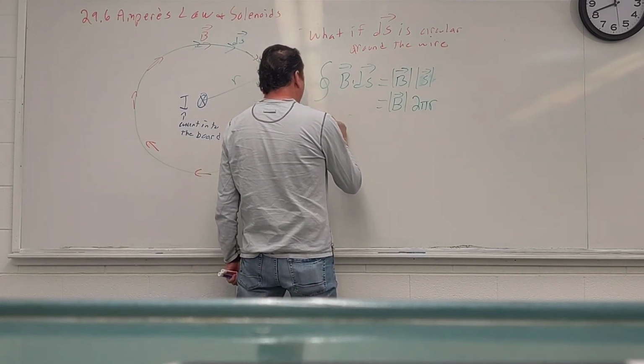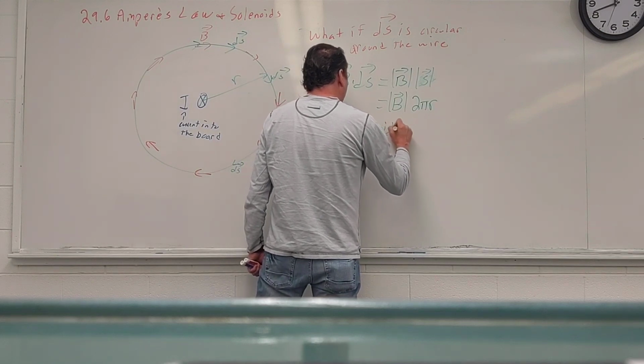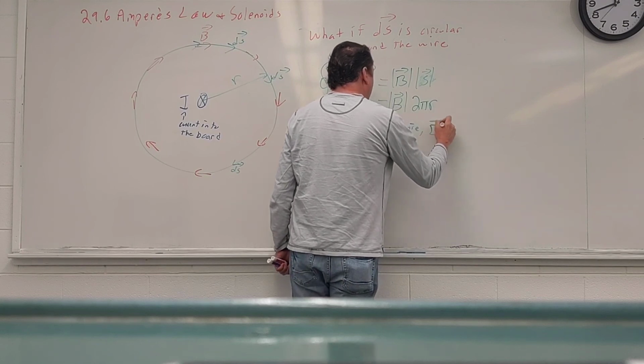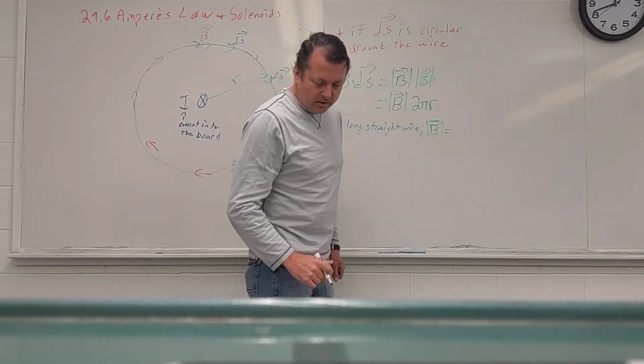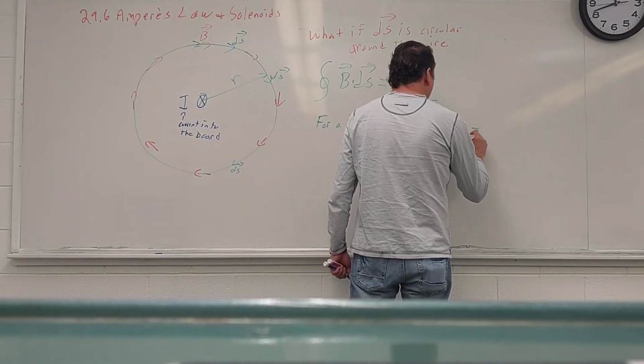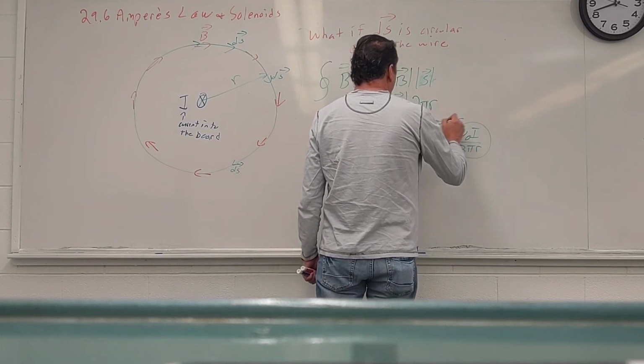But we know for a long, straight wire that B, the magnitude of the B vector, is mu naught I over 2 pi r. So let's substitute that in right here.